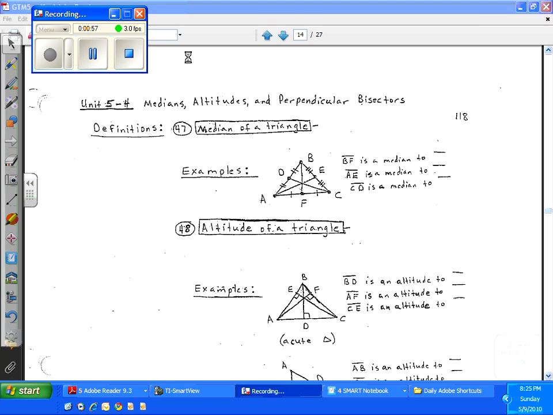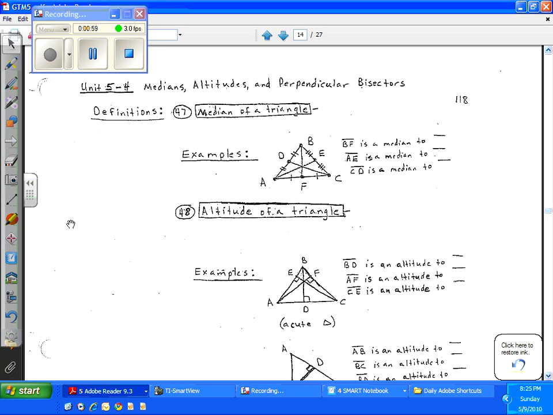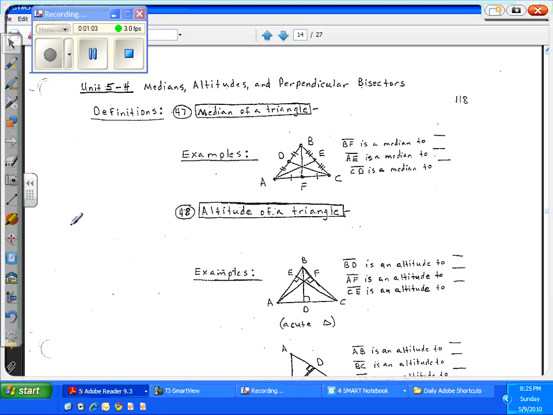Median of a triangle, though, is a little different concept than the median of a set of data. A median of a triangle is a segment from a vertex to the midpoint of the opposite side.